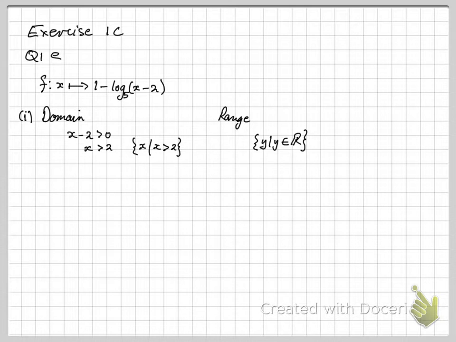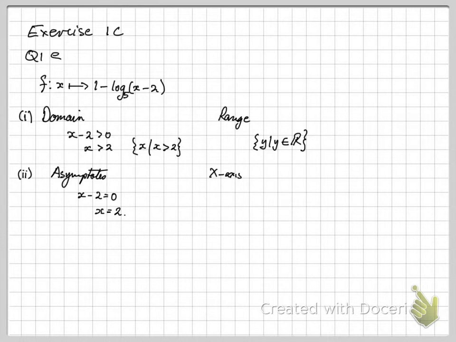Okay, part 2. What do we need? Asymptotes and axis intercepts. Well, there is only a vertical asymptote when x minus 2 is equal to 0. So that gives us a vertical asymptote at x equals 2.